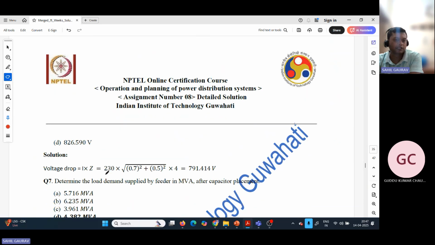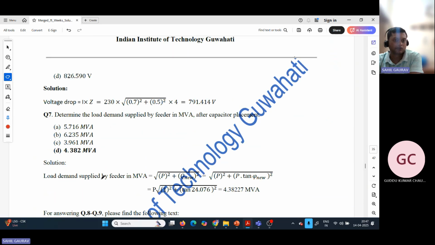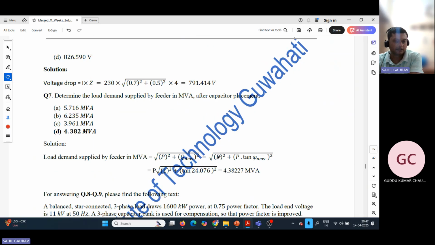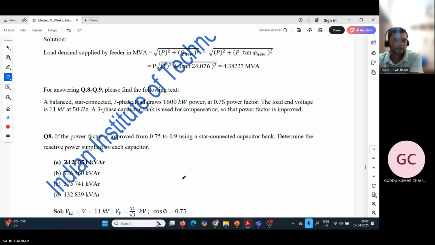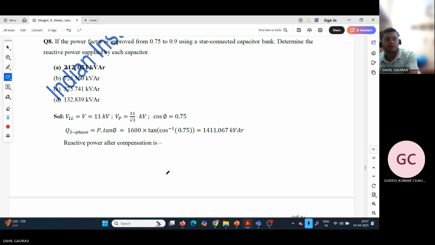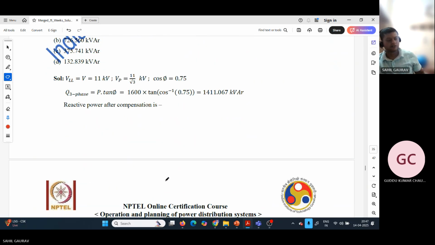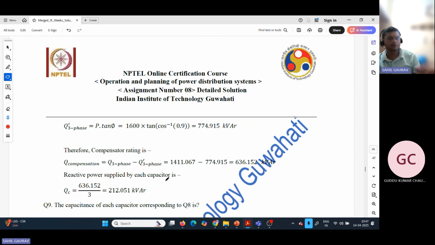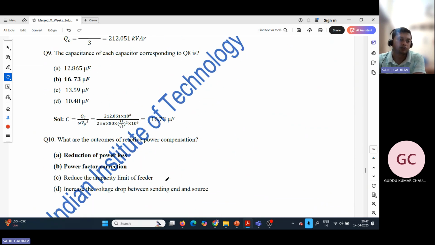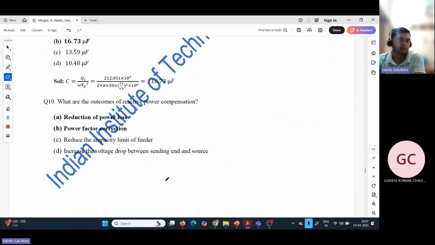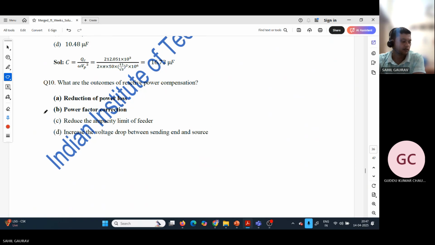Voltage drop is I into Z. And in the next problem, you have to find the load demand supplied in MVA after capacitor placement. So these questions are not that difficult. Just go through the tutorials and problems, and you will be able to solve these very easily.